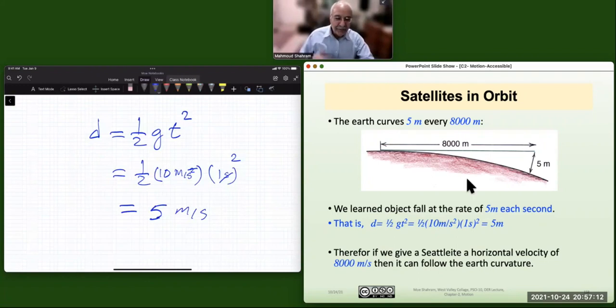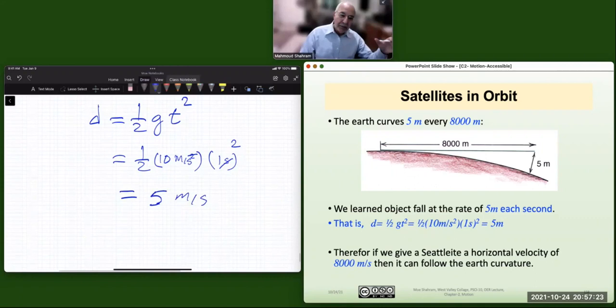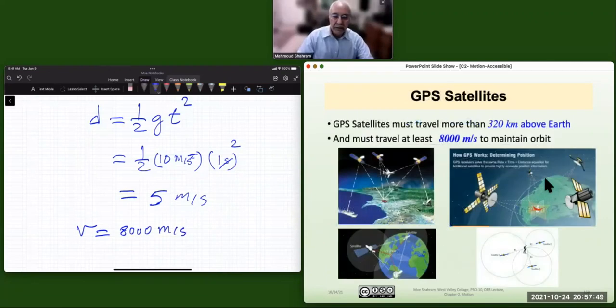So now, if we throw the ball such that it can go 8,000 meter in 1 second, it would drop 5. So that's the curvature of the Earth. All we have to do to get this object to follow the Earth's curvature is give it a velocity of 8,000 meter per second.